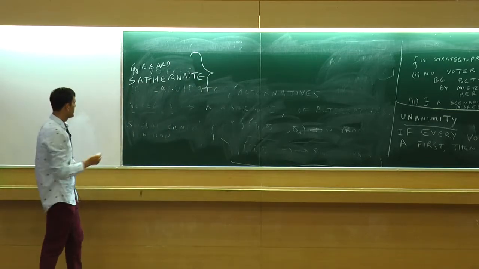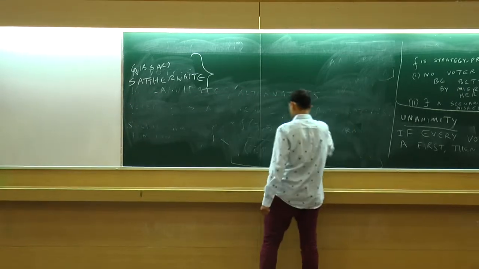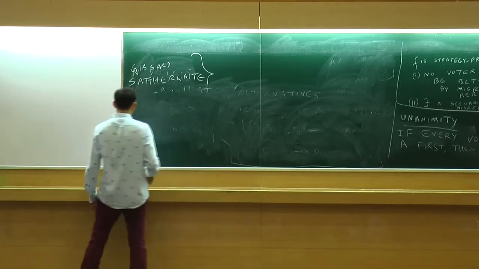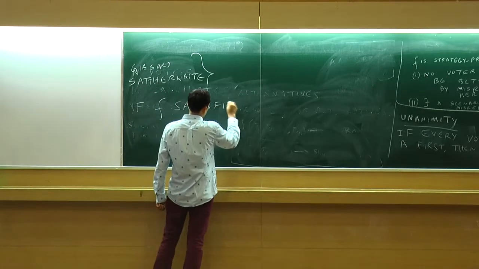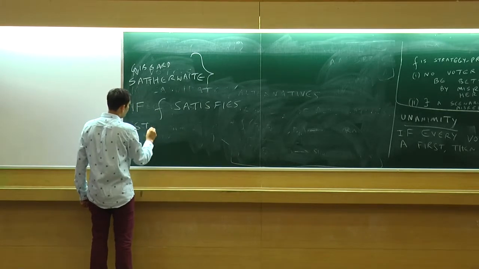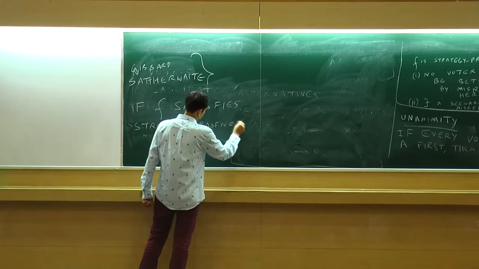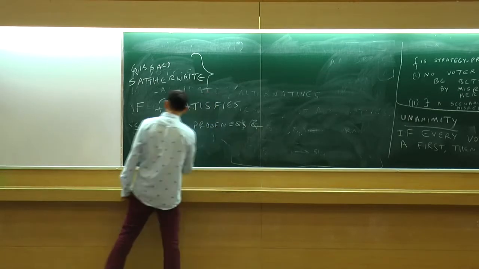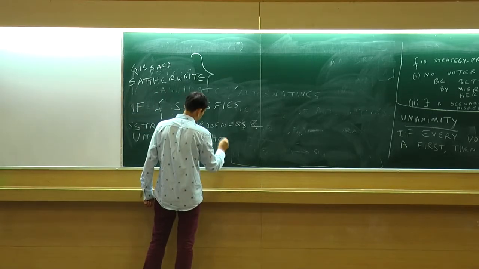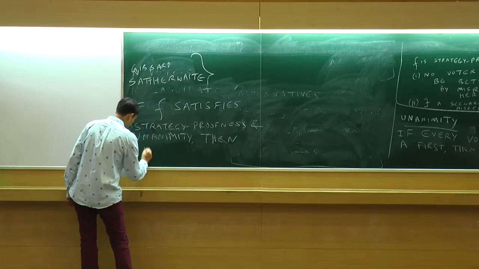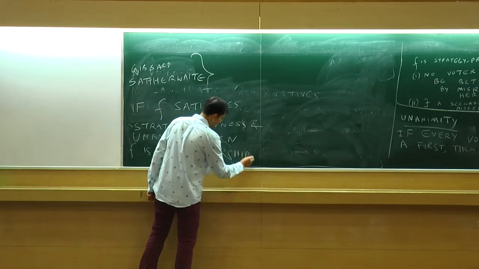And the theorem says that if F satisfies strategy proofness and unanimity, then F is a dictatorship, right?